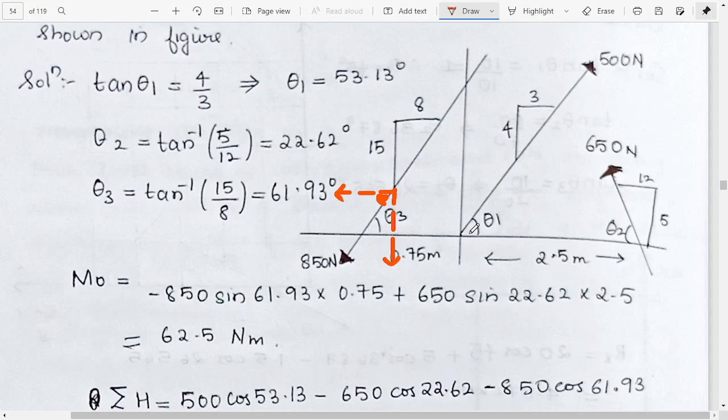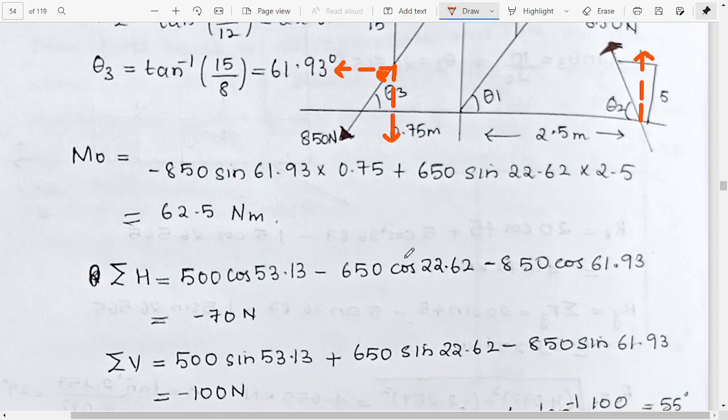Similarly, we can find the 500 N force. Actually, we don't need to do that because it is at the point of action, and in this case we can find 650 sin 22.62 into 2.5. So we will get that. And similarly, we can find summation of H also. Here also it will be 850 cos 61.93 into this length.